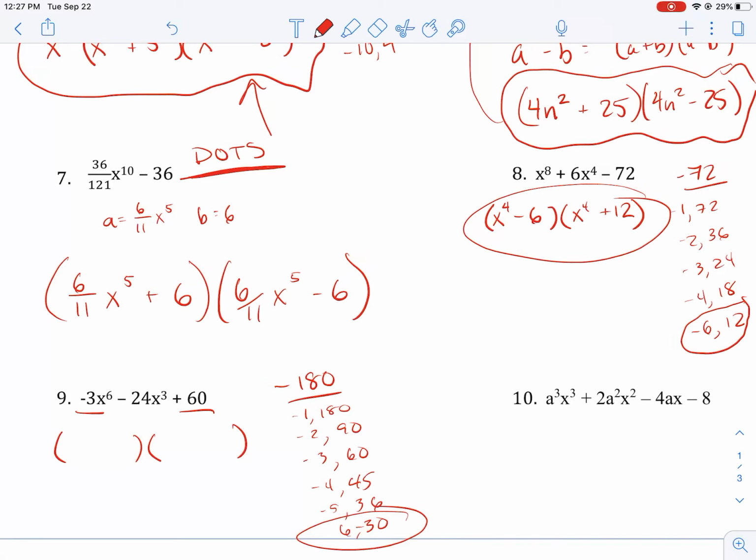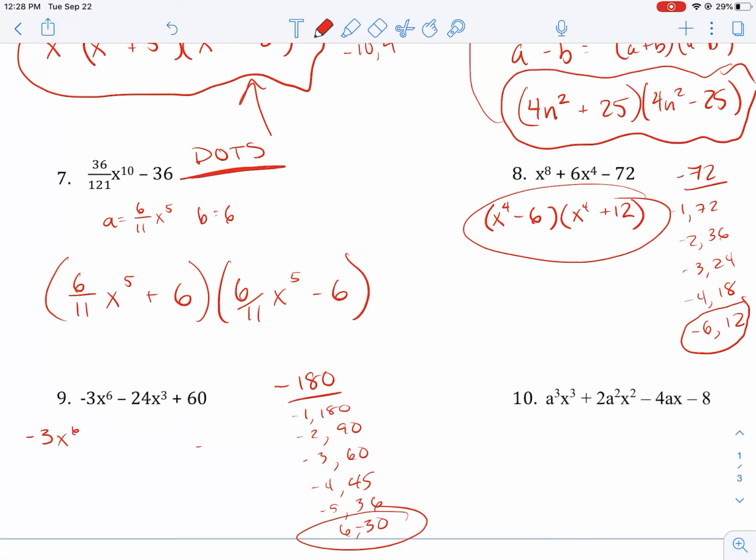All right, so here's the tricky part here, though. Okay, I'm going to put this x to the cubed here. Oh, wrong, Mr. Kaya. We have to factor by grouping here.